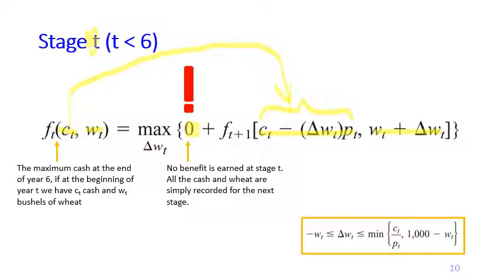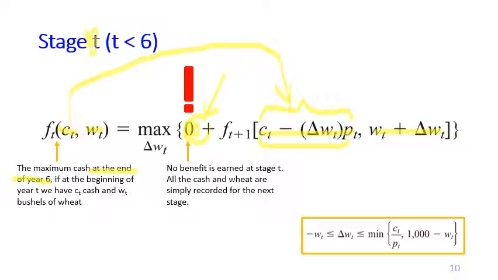Right? Because what you want to maximize is the cash at the end of year 6. If you put something there, it means that you double count the cash that you earn, because you say your cash is increased at the beginning of the next year. If you also put something there, then how is that possible?